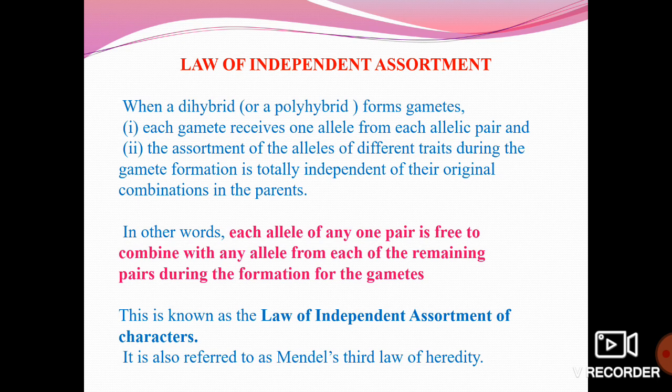Now, thus far, we have understood the crosses with one character, but no individual is of one character. There are thousands of characters, physical characters, physiological characters, mental characters. There are so many more.